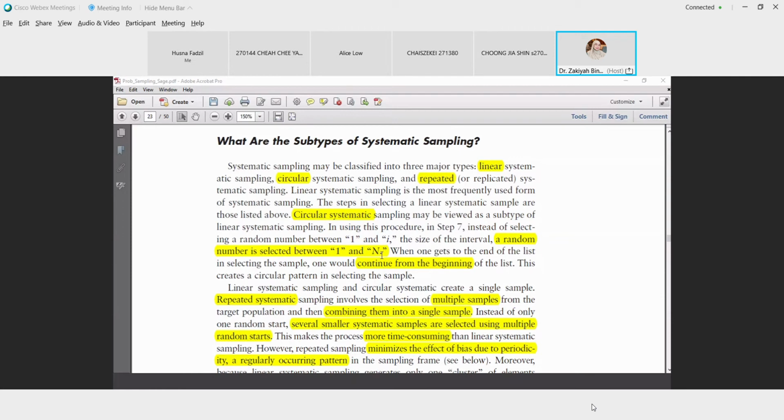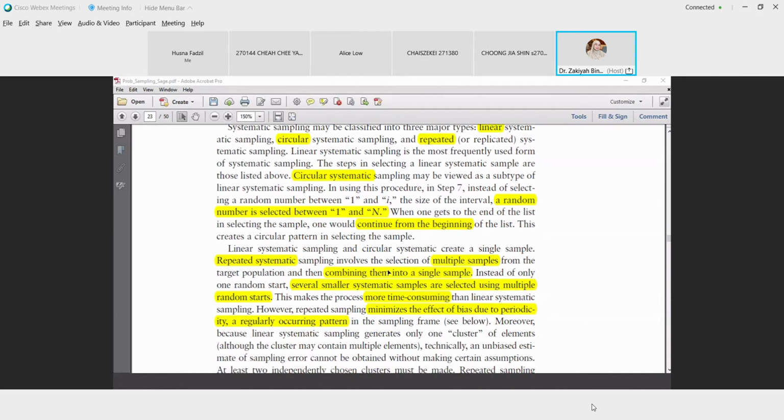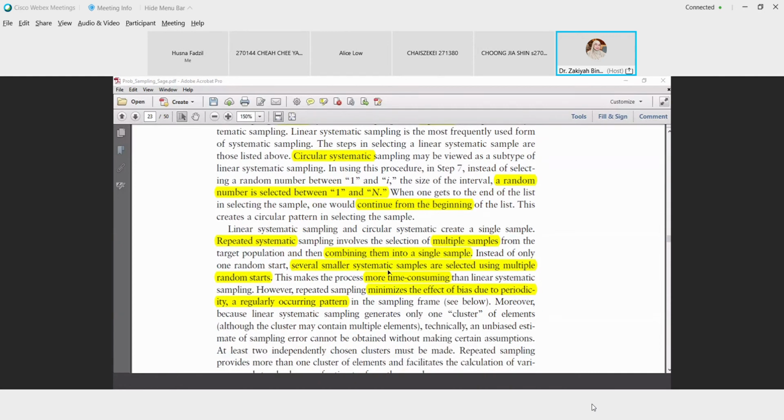You go back to the first element in the population. That's why it's called circular. Give me some indication. Okay so far? Good, thanks. Now, linear systematic sampling and circular systematic sampling create a single sample.